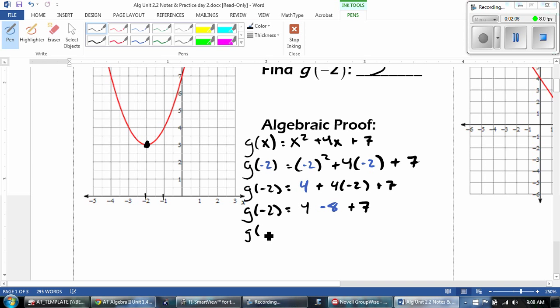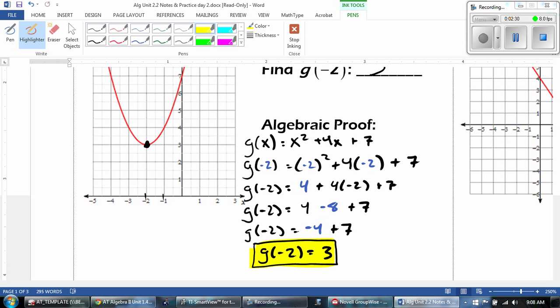Then from left to right, 4 minus 8 gives us negative 4, and negative 4 plus 7 gives us g of negative 2 equals 3. There's my algebraic proof. So there you go.